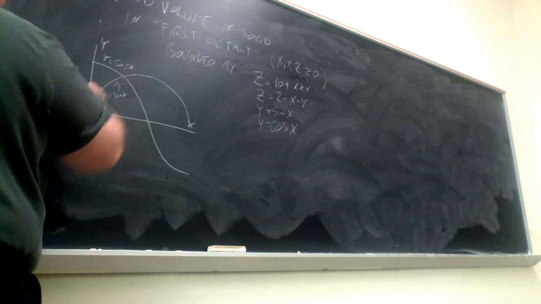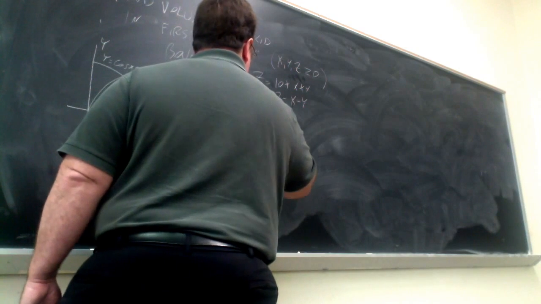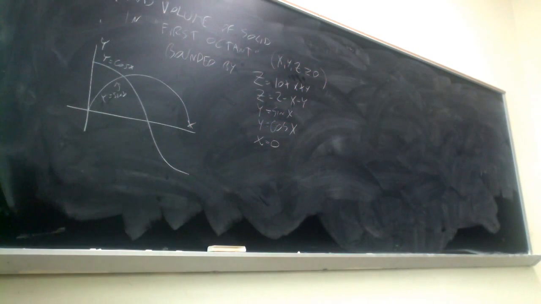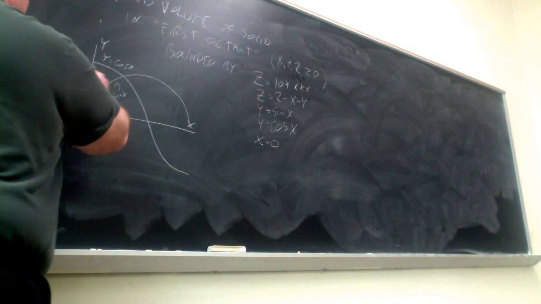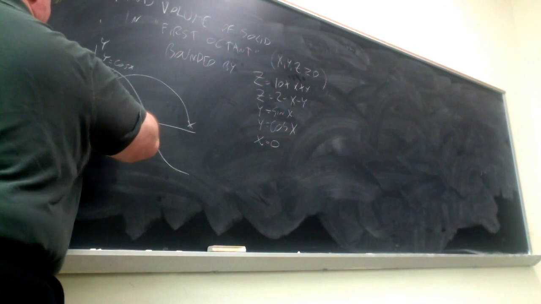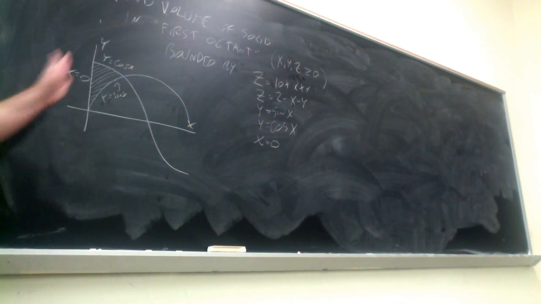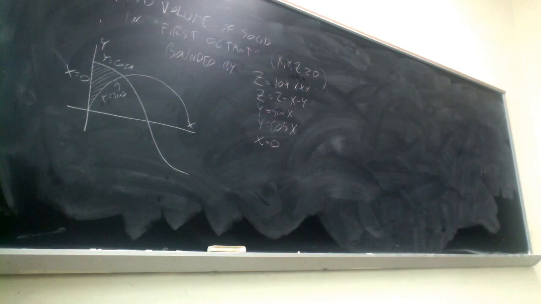Just to make it unambiguous, I will also explicitly specify x equals 0 as a boundary. So viewed from above, this is what we're looking at. x equals 0 makes sense as a limit for x.